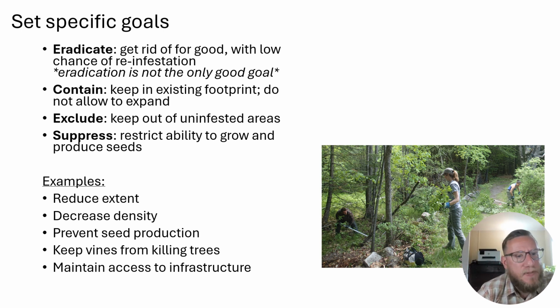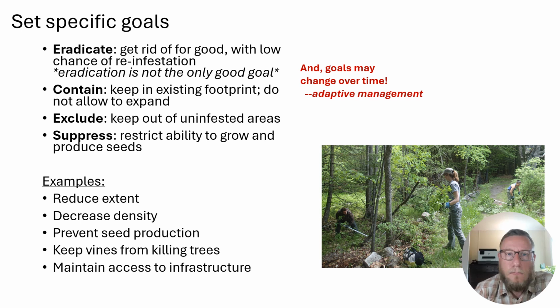Some examples of these are reducing their extent, decreasing their density, preventing seed production, keeping vines from killing trees, or maybe just maintaining access to infrastructure, keep knocking these plants back and keeping them off power lines, telephone poles, and buildings and things like that. There are other options than eradication when eradication is not possible. And these goals change over time, so it's called adaptive management.